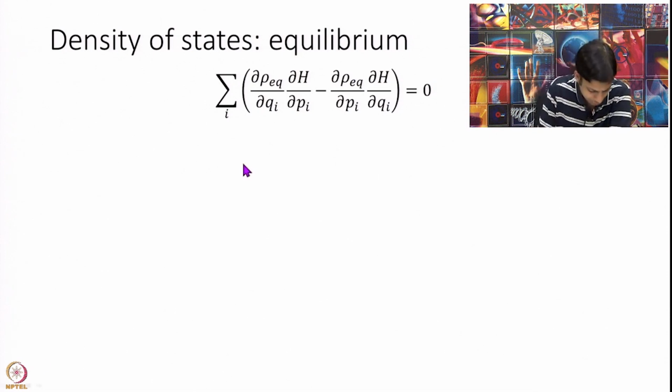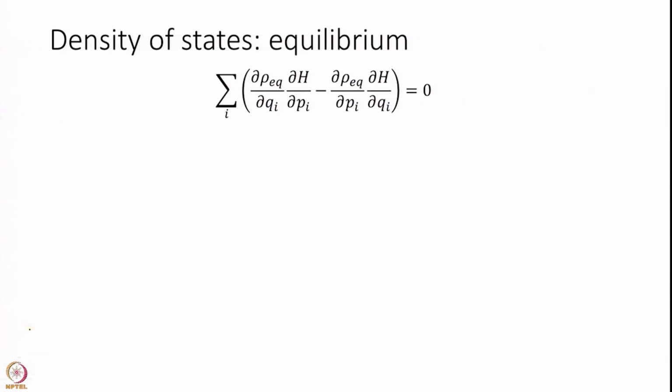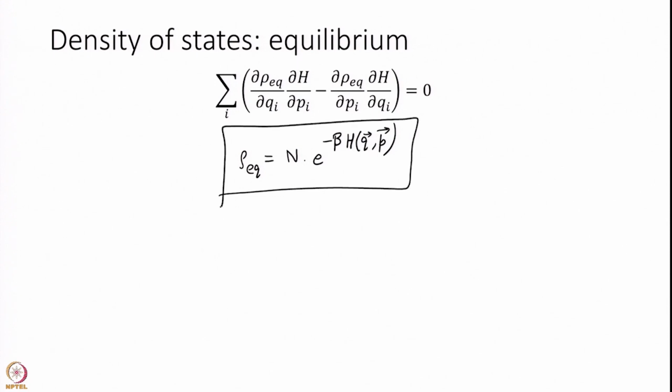The solution is rho equilibrium is equal to some N into e to the power of minus beta H, and H is a function of q comma p. So, I will leave this as an assignment problem to you.